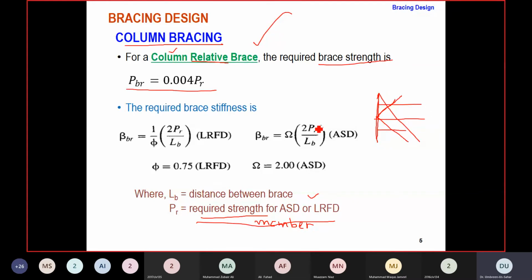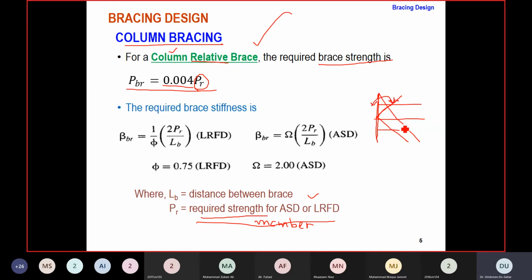This is going to give you the PR, the required strength of the column, and this PBR is the strength of the brace that needs to be designed. So PBR is equal to 0.004 of PR. This means 4% of the strength of the column needs to be transferred to the brace system.